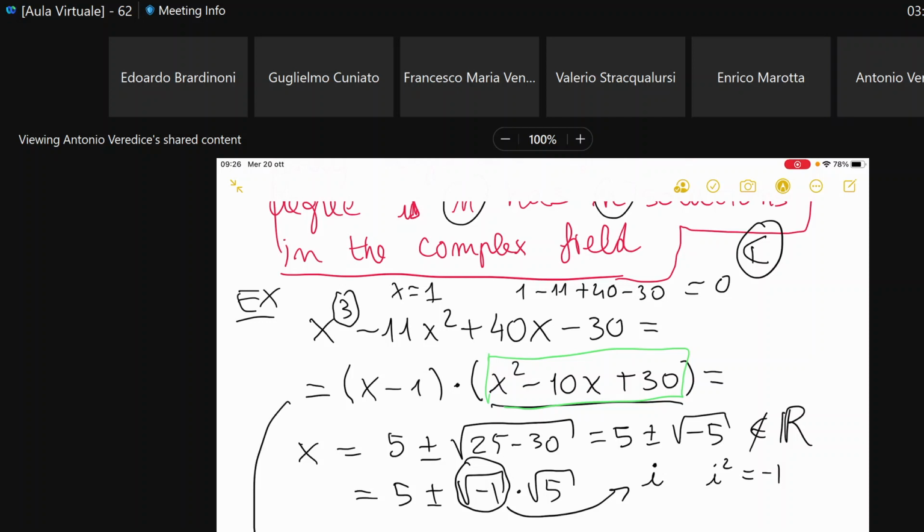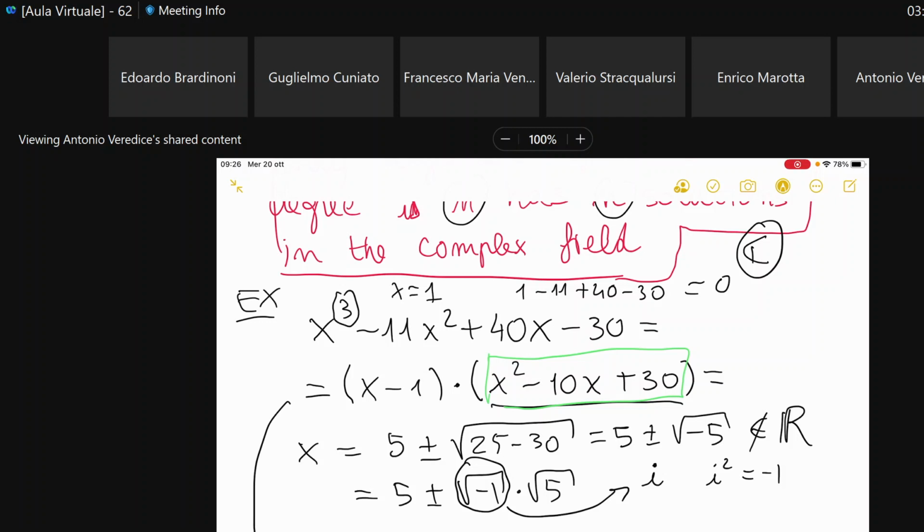So we can factorize this polynomial like x minus 1 times x minus 5 plus i times square root of 5 times x minus 5 minus i times square root of 5.